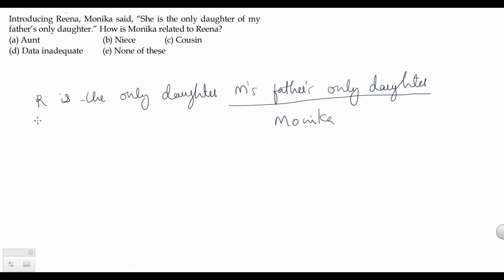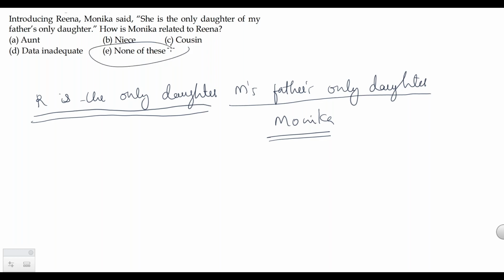Now the statement is like this. Reena is the only daughter of Monica. Correct? So Reena is the only daughter of Monica, means Monica is mother. The question is, how is Monica related to Reena? So Monica is the mother of Reena, that is none of these.